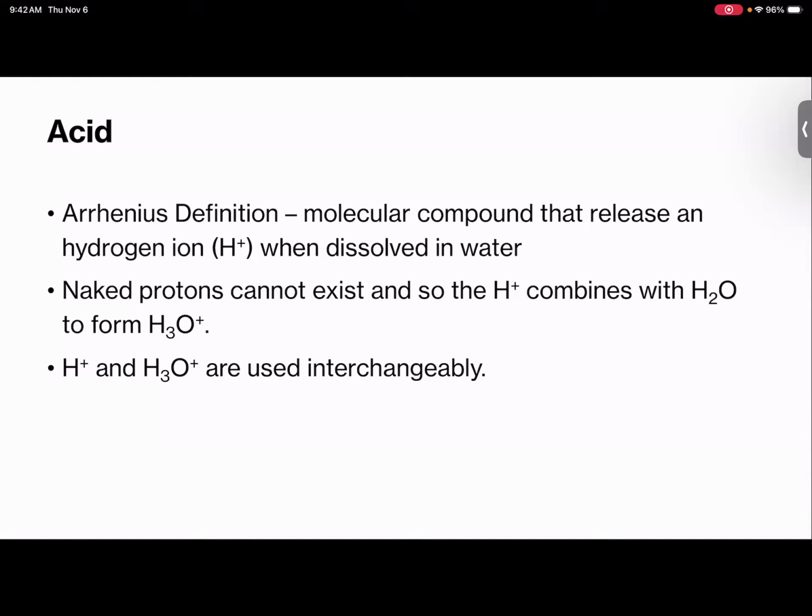But as chemists, we use the proton and the hydronium formulas interchangeably when we're talking about the chemical reactions. So again, we're talking about a proton donor. It is this proton that is one of the pieces that makes the water.